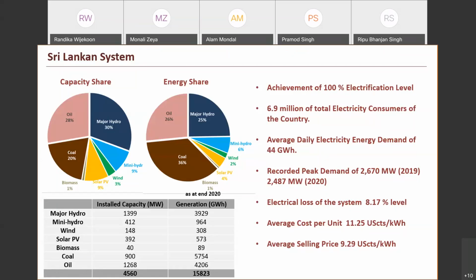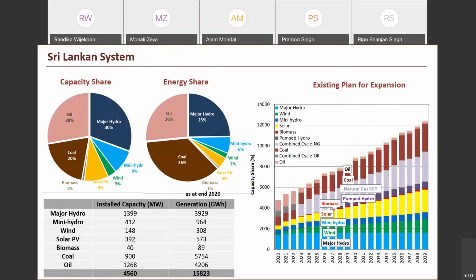In the next slide, if you look to the future, that mix will be further enhanced with the introduction of natural gas in 2 to 3 years' time. And that is again a very good sign in the direction of enhancing flexibility, as a good source of fuel and technology.